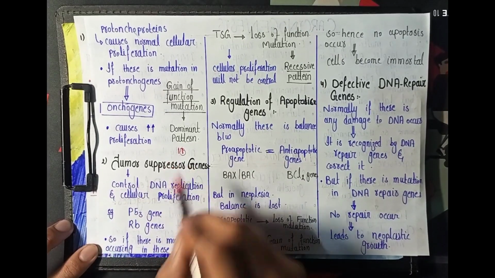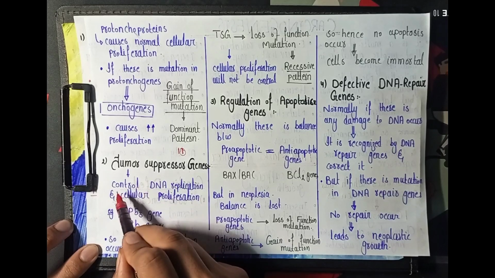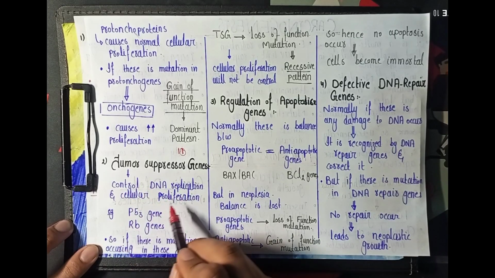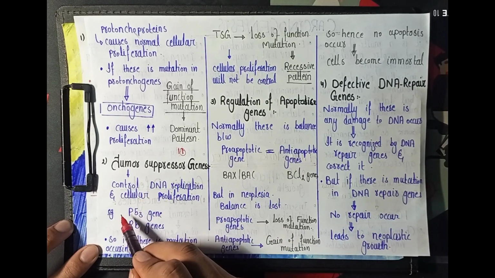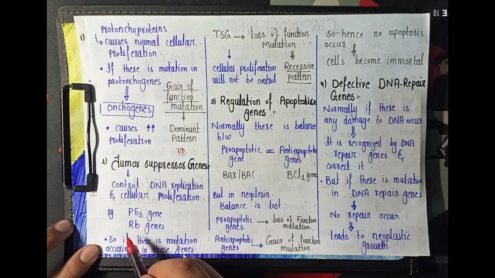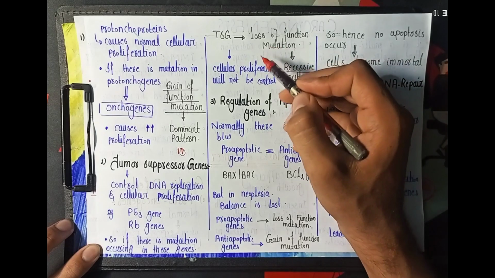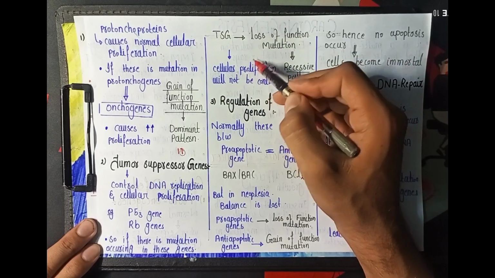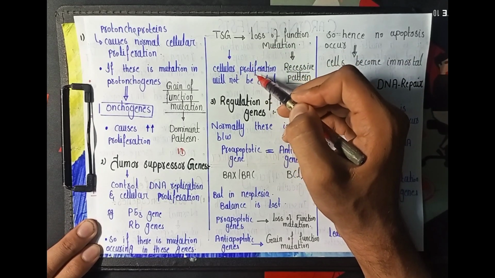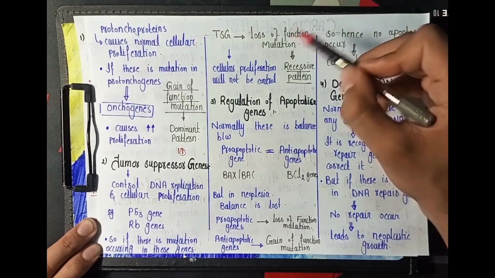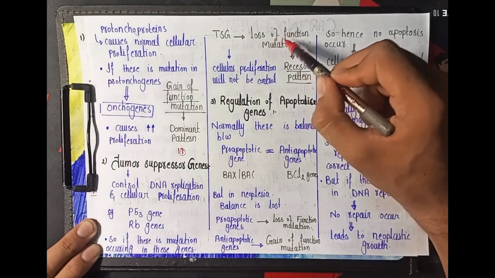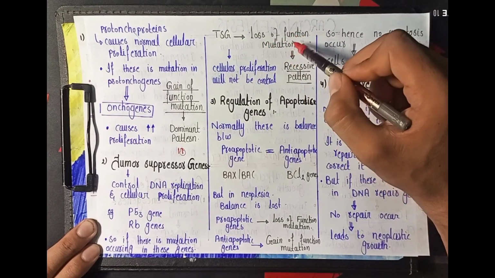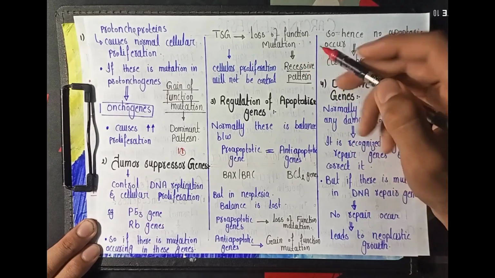The second one is the tumor suppressor gene. Normally, a tumor suppressor gene controls the DNA replication and the cellular proliferation, and these tumor suppressor genes include P53 gene and the RB gene. But if there is mutation occurring in these tumor suppressor genes, then they will not control the cellular proliferation, and the cell will over-proliferate and will lead towards neoplastic growth. And the mutation occurring in the tumor suppressor gene is loss of function mutation, and the loss of function mutation shows recessive pattern.